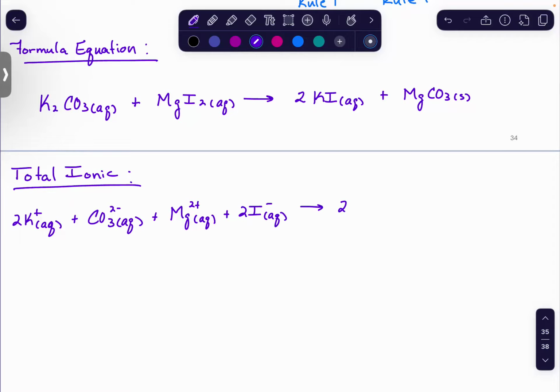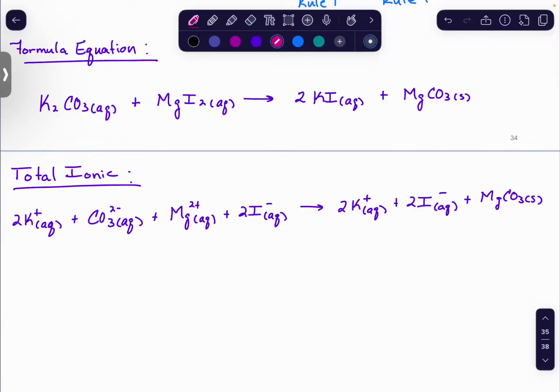On the right, I'm going to have two potassium ions, two iodide ions, and then my solid magnesium carbonate. And there's my total ionic equation.